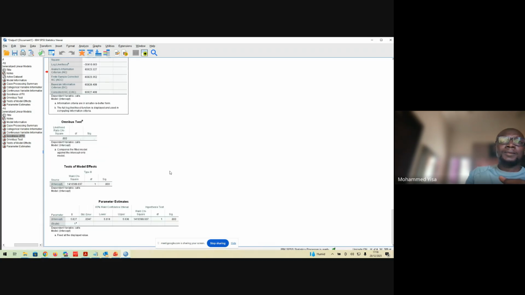So the tests of model effects here is basically testing the model at a baseline without inputting the female category as a variable.